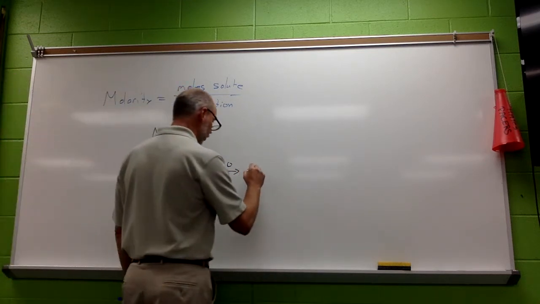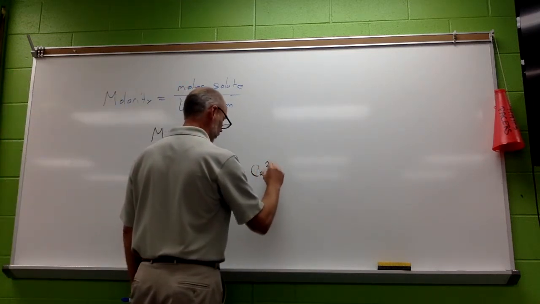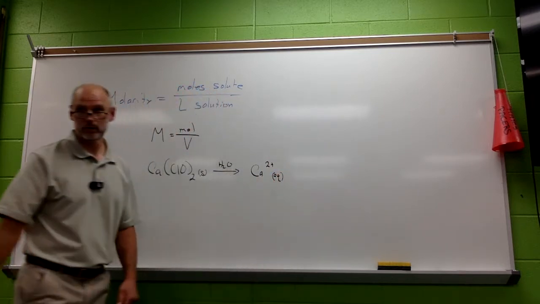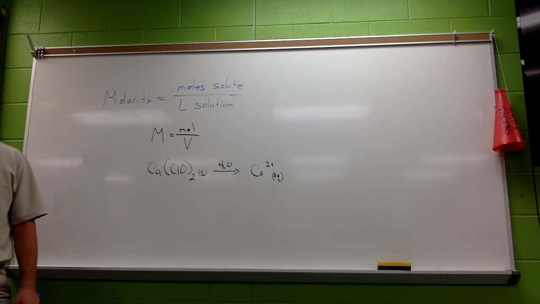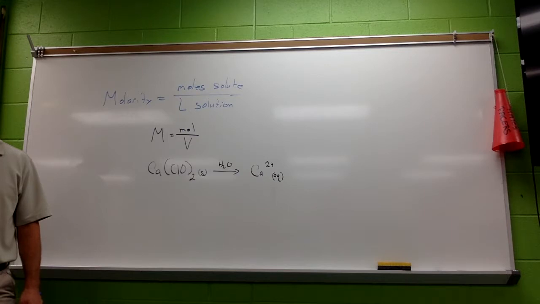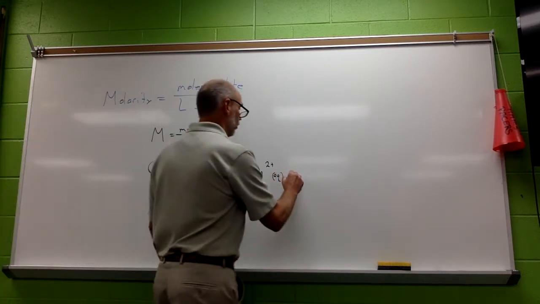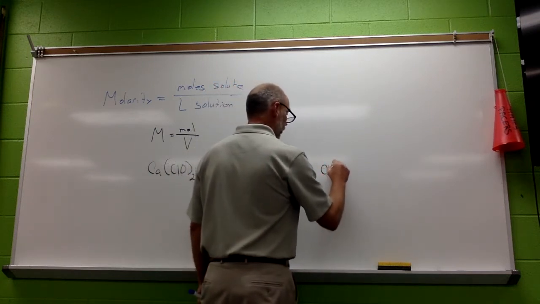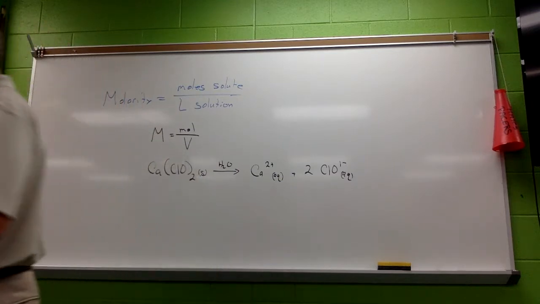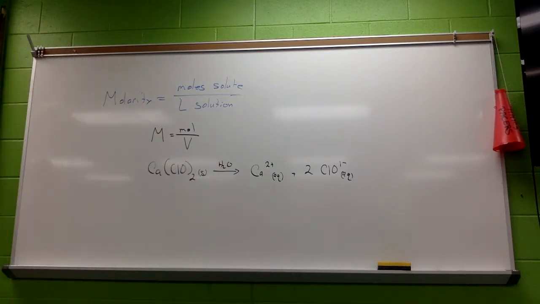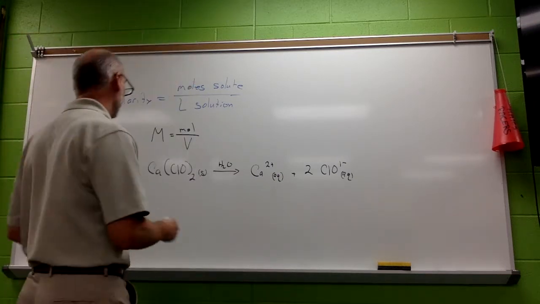It's going to dissociate into a calcium ion and, be more specific, two hypochlorite ions. Would you guys agree? The initial concentration is 0.25 molar.